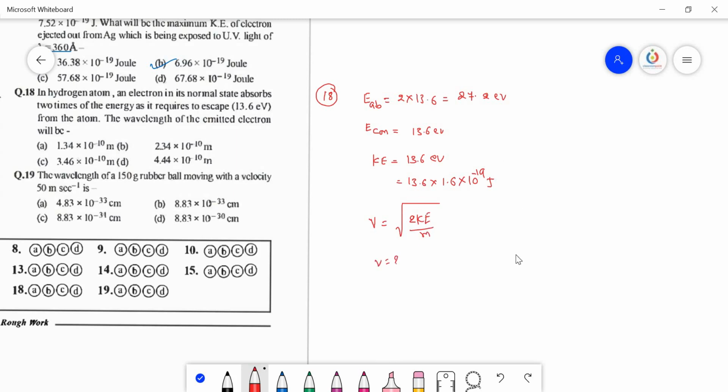This is one procedure. Or else, since we got the kinetic energy directly, we can calculate the lambda value, that is lambda equals to h divided by root over 2m KE.